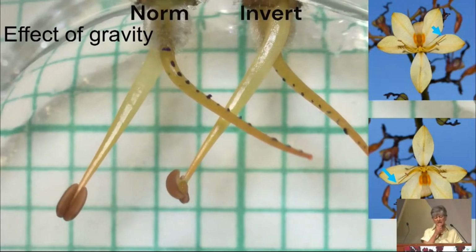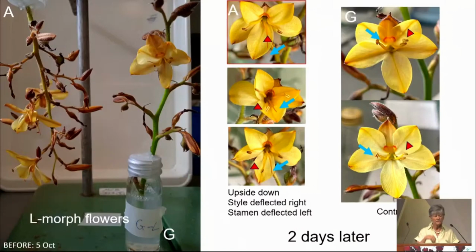So then to try and check this, we thought, okay, hang on, we've taken these buds and put them into MS agar. Is that a real experiment? Let's turn these flowers upside down and see how they behave. So we got a good old retort stand, and we put the inflorescence upside down and compared that to an inflorescence that was upright. On the extreme right-hand side, you can see the control after 2 days.